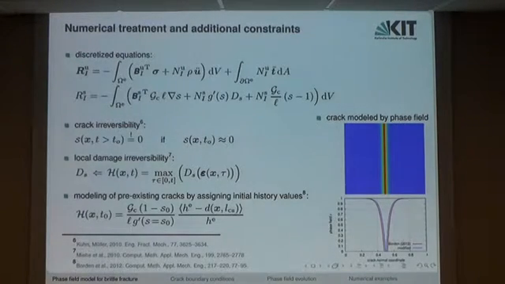Before I discuss these two models, I would like to show you the numerical treatment and introduce additional constraints. In order to solve the coupled set of partial differential equations, we employ a standard finite element implementation, here shown by means of the element residual vector.